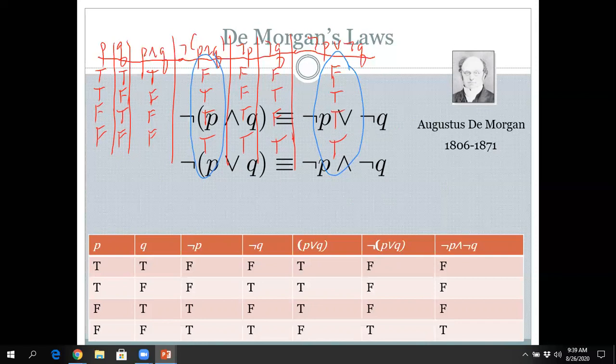What does this remind you of? Maybe something from algebra, perhaps? Kind of looks like we're distributing something through here, right? You sort of are distributing this negation, but the negation negates not just each of the individual propositions, it also negates the connective, the and.